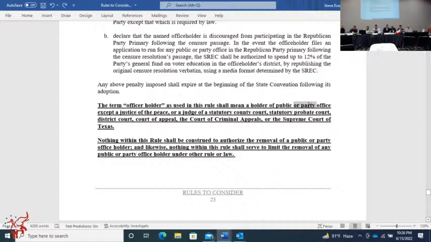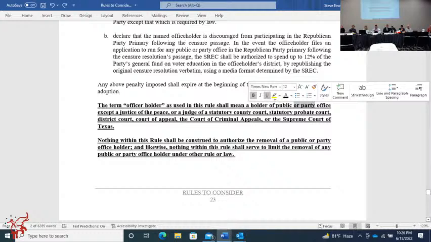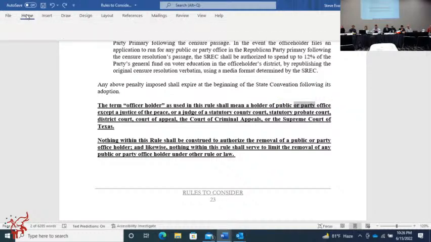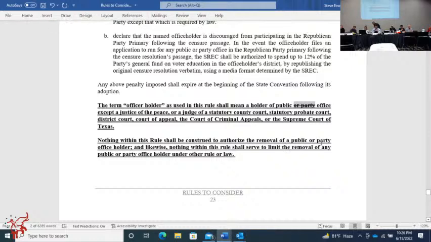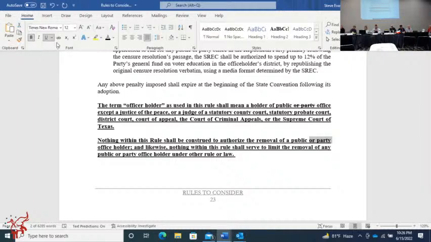Well, no, strike office, I'm sorry, but just or party. And then to remain congruent with that, in the second section where it says nothing of this rule shall be construed to authorize the removal of a public, once again, strike through or party. That's my language.